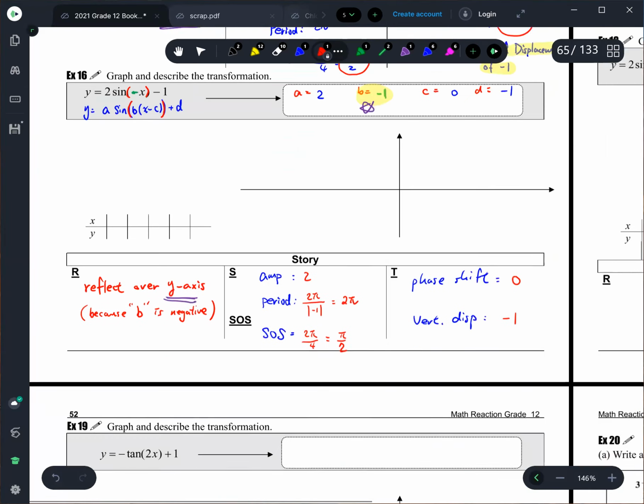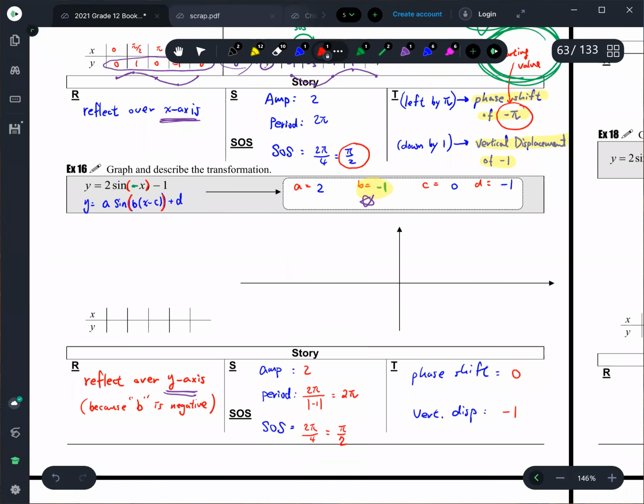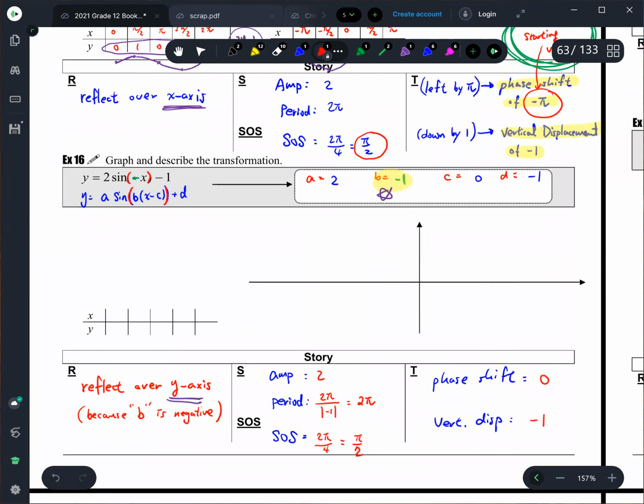Okay, total 5 points. This one is a sine graph. Make sure your basic points are for the sine. All right, so if you think you've figured out the table, please raise your hand.